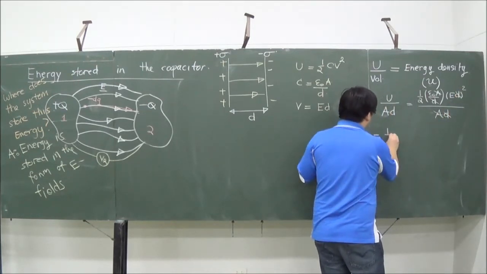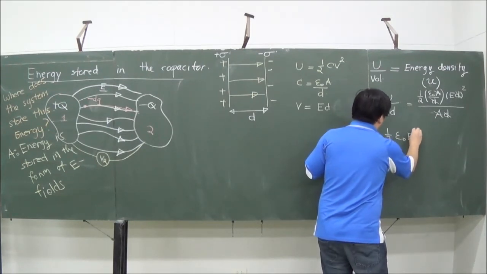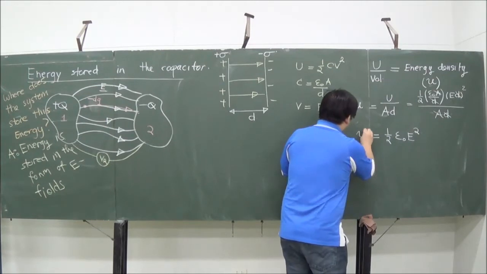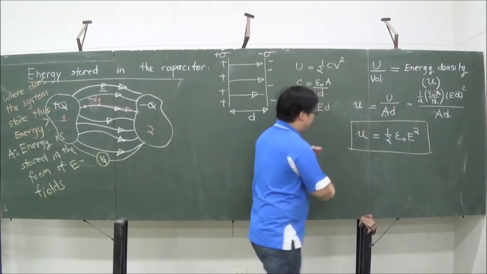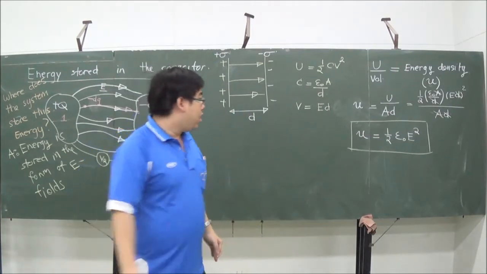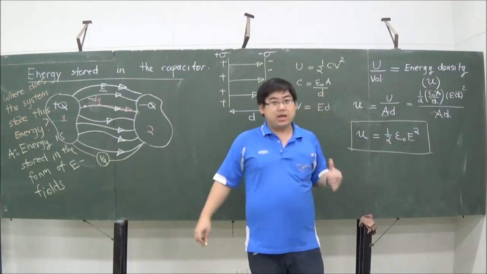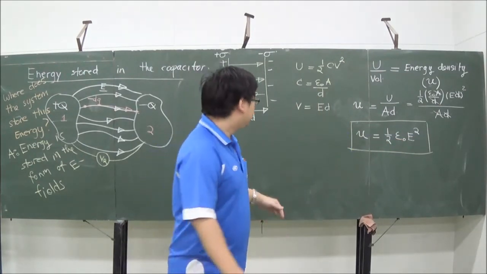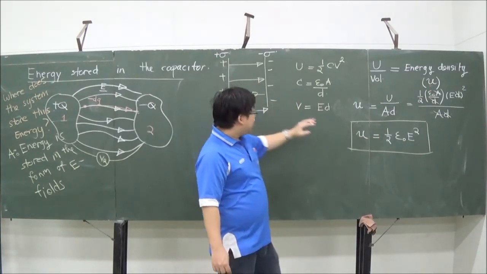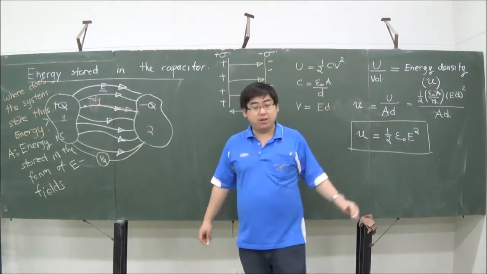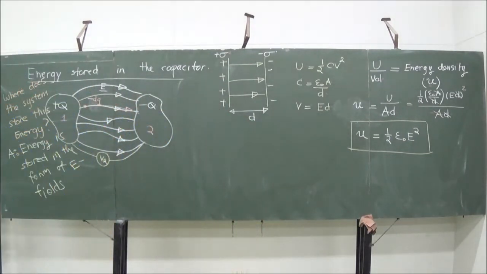So we've got a half epsilon naught E squared. So you see that the energy density has this form, the energy per unit volume. A half is a constant, epsilon naught is a constant, but E is the electric field. So the energy stored in this capacitor is stored in the form of electric field, and the energy density is proportional to the electric field squared.